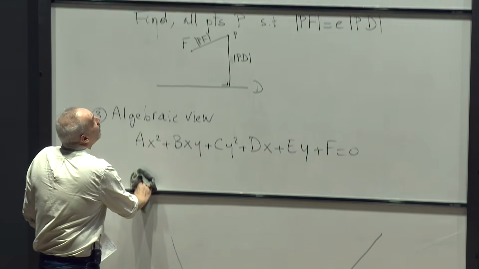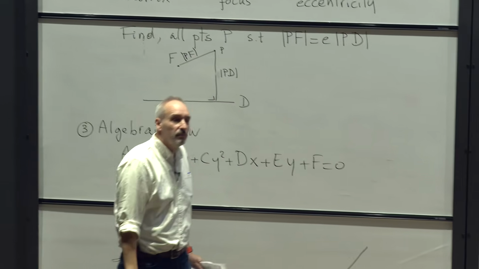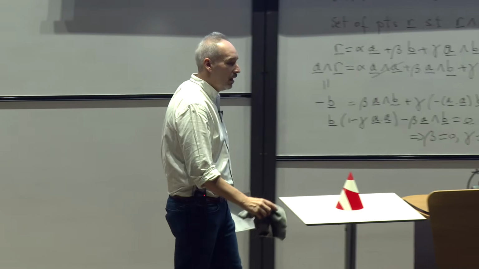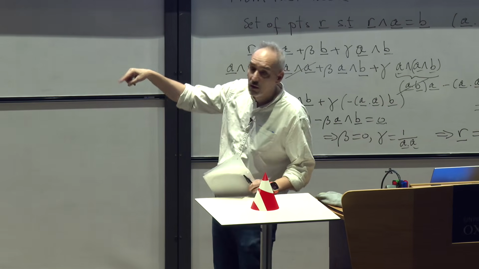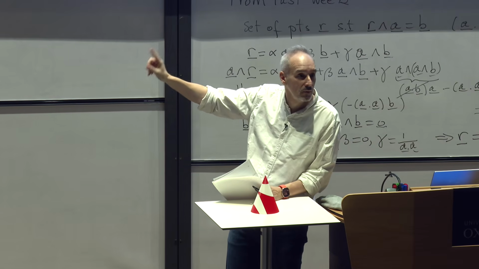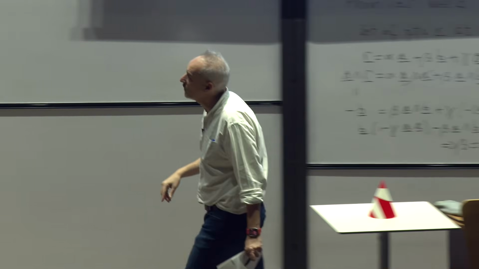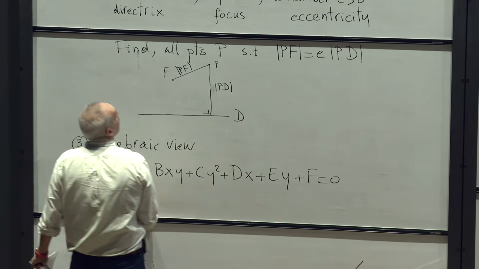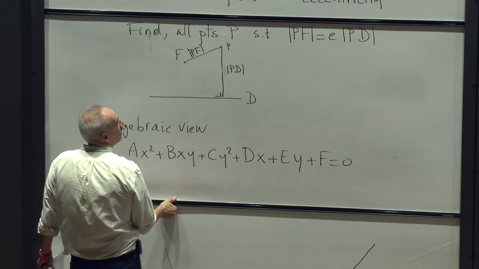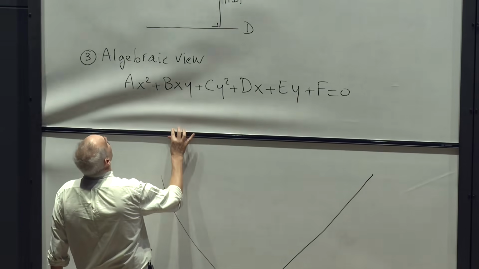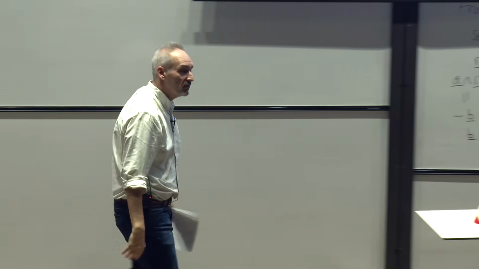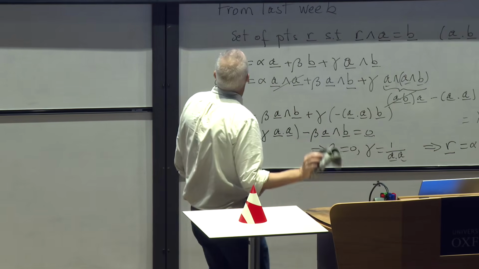So we have three different definitions of apparently the same object. Another question is to see if they're equivalent with each other. But before we do that, let's start with number 2, the set of points, the loci, and try to see what sets of points we can obtain doing that.